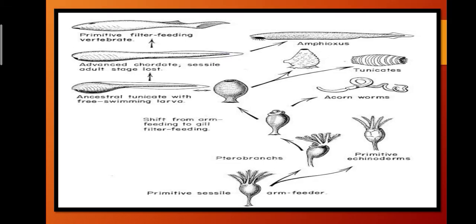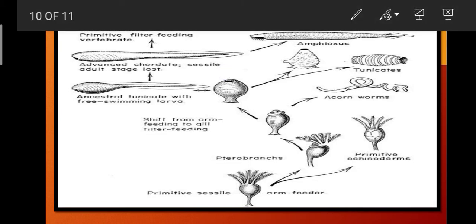According to this theory, there are some larvae which fail to metamorphose, and then they develop as sexually mature animals, and later they evolved into cephalochordates and vertebrates. This is the basic point of this theory. Let us get to another picture.